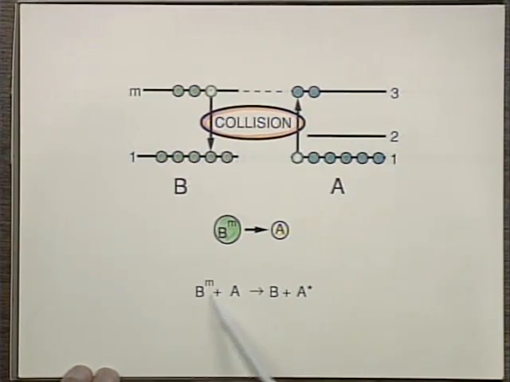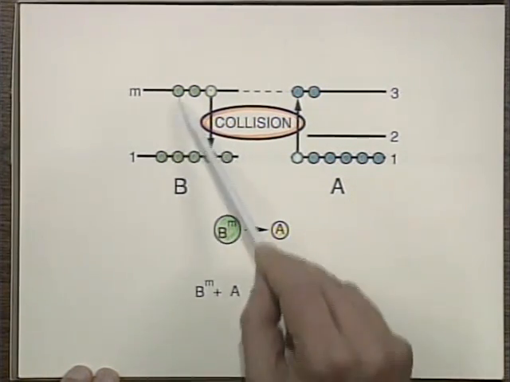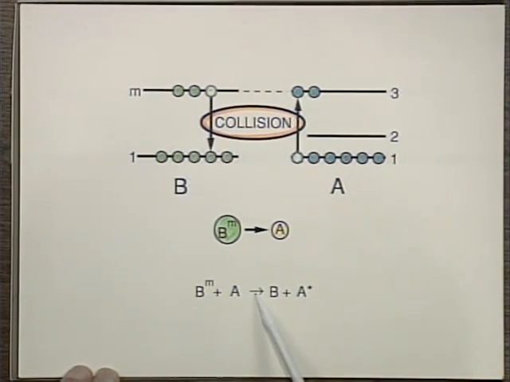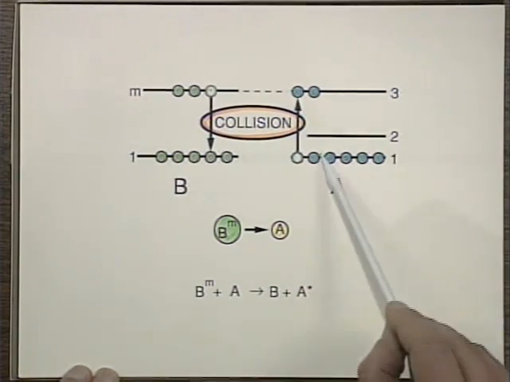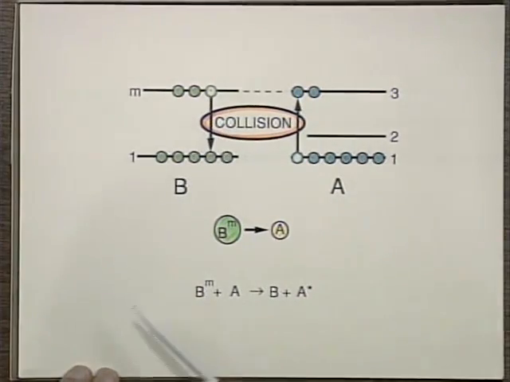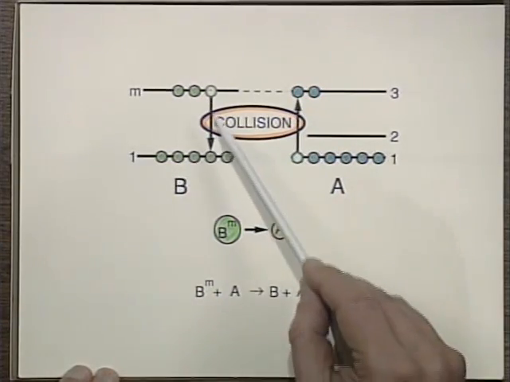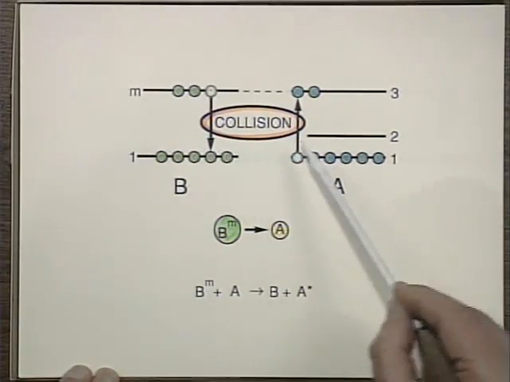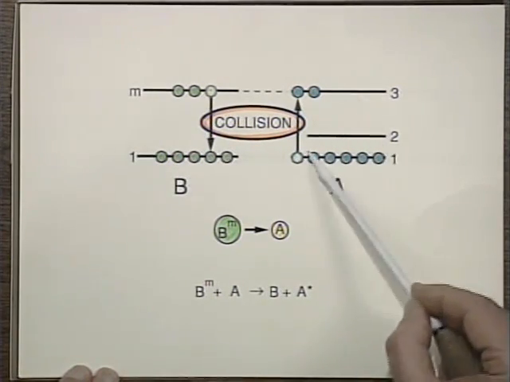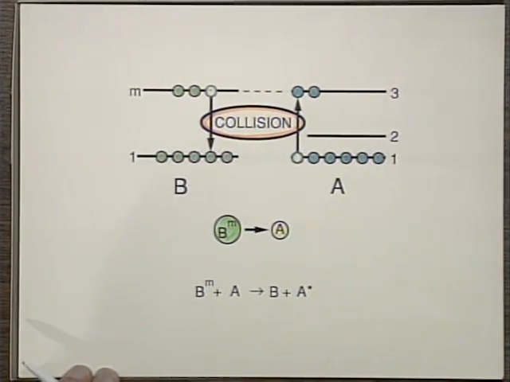Which means metastable level in B colliding with A, and as a result of this collision, B goes to the ground state and A goes up to the third level. In a way, they exchange their energies. It doesn't happen in every collision, but if there are more B's than A's, then the net effect is that some A's will be excited to the third level.